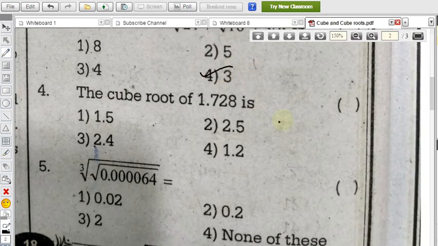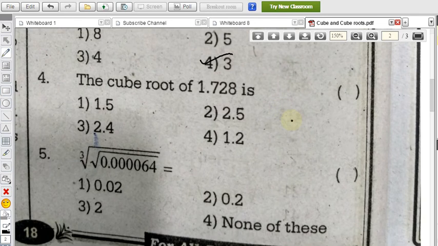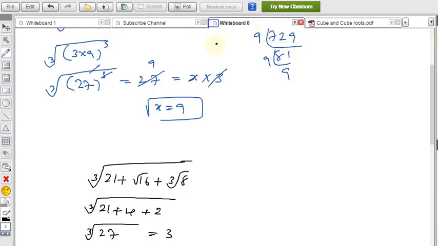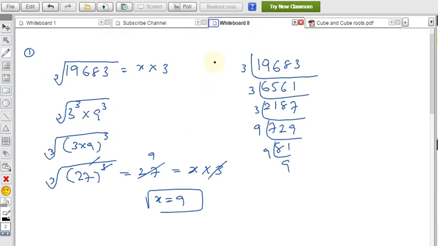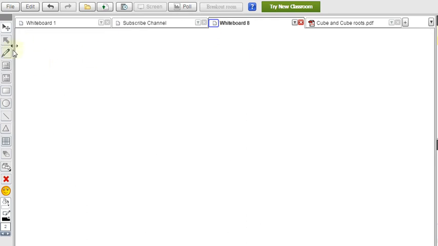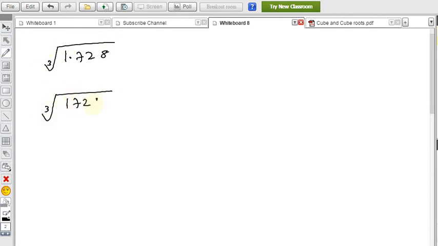Cube root of 1.728. Whenever they give decimals, first we will convert into fractions, then we will find the cube root. Asking the cube root of 1.728, that is 1728 by 1000.